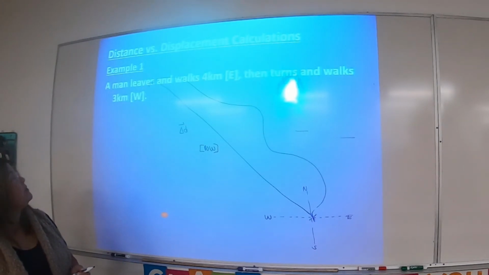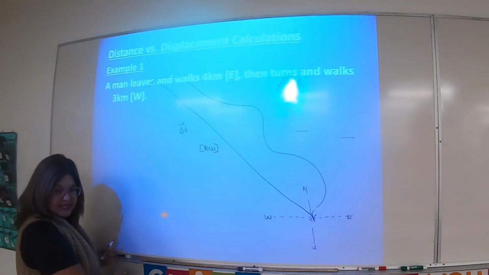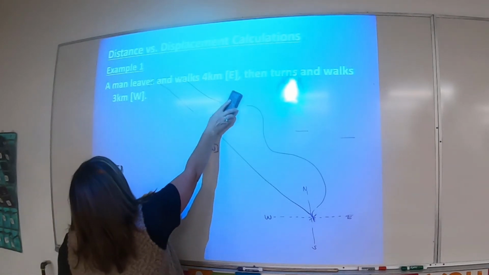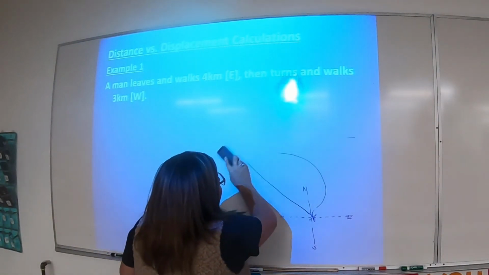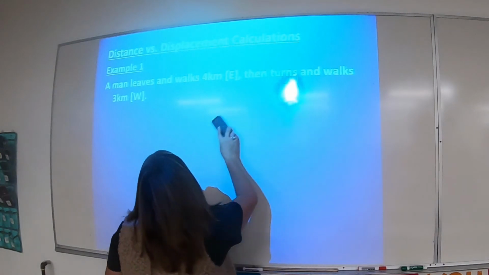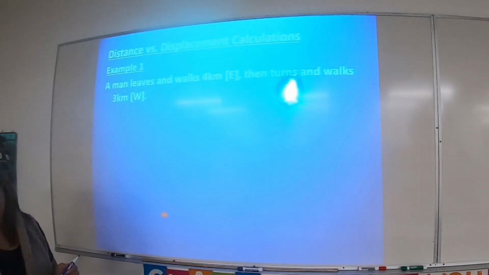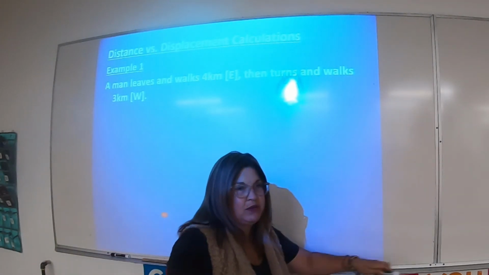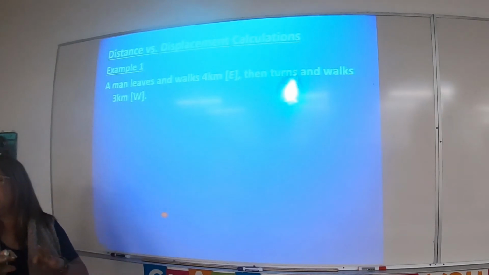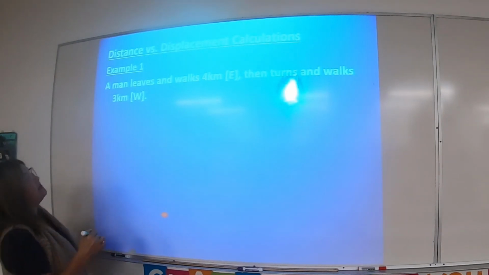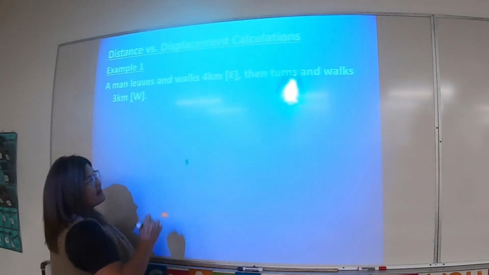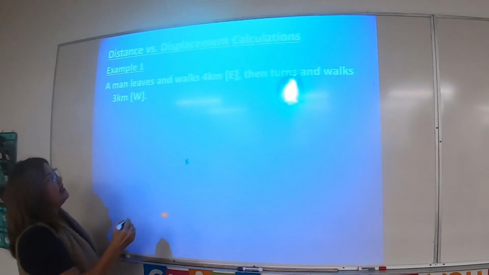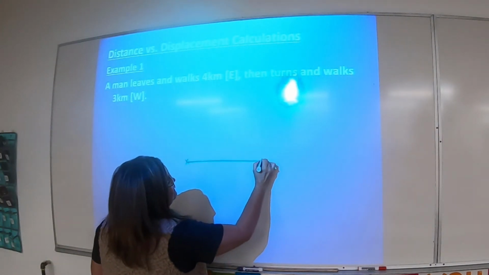We want to be able to calculate the difference between these two. A man leaves and walks 4 kilometers east. Again, I want to sketch it out because that will tell me what to do. I don't have to draw the man. All I have to do is put an X for his starting point, and he goes 4 kilometers east.